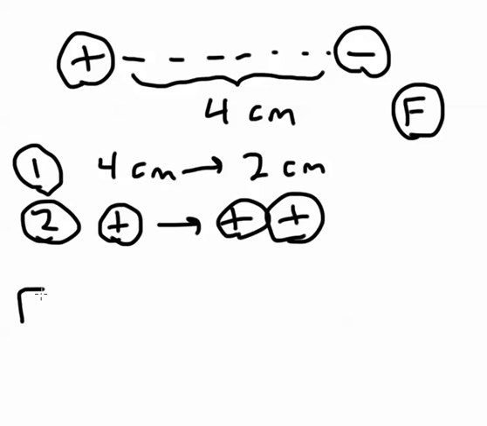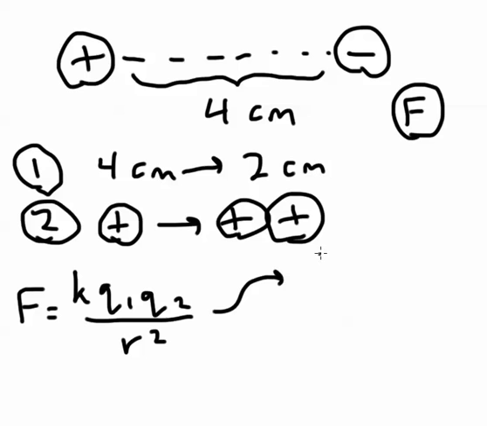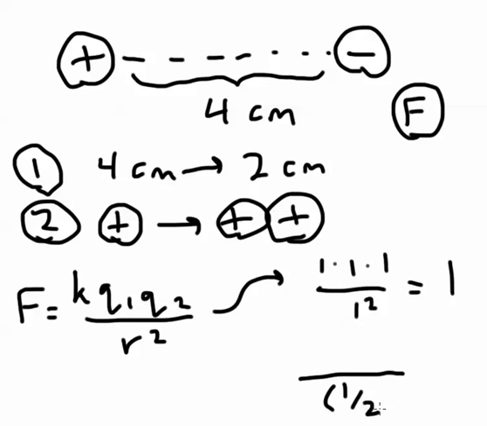Well, once again, force equals K Q1 Q2 over R squared. And we're initially going to set everything to 1, which sets the force to 1. And then we're cutting the distance in half, so that puts 1/2 squared in the denominator.